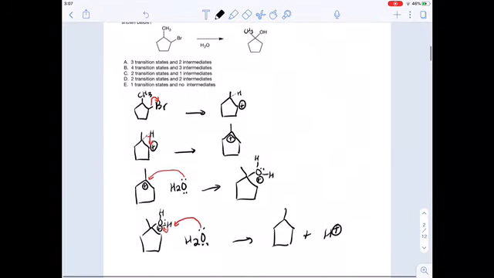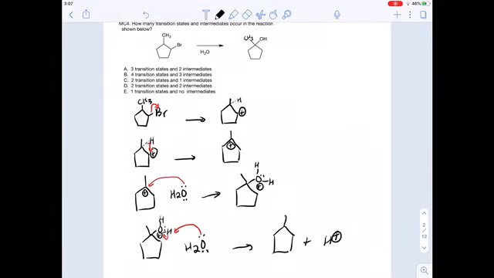Okay, so with this in mind, we can now look at the question and decide how many transition states and how many intermediates there are. Transition states are going to be representative of each of the steps that you do in the reaction, and the intermediates are going to be the literal intermediates, so not the starting reagent or the ending product, but the intermediates in between your reactions.